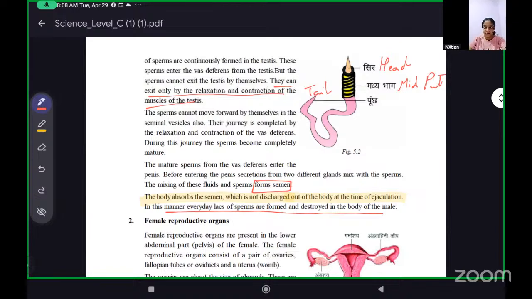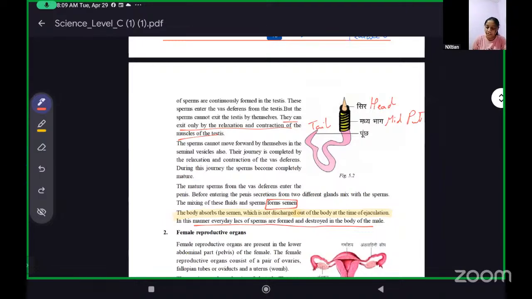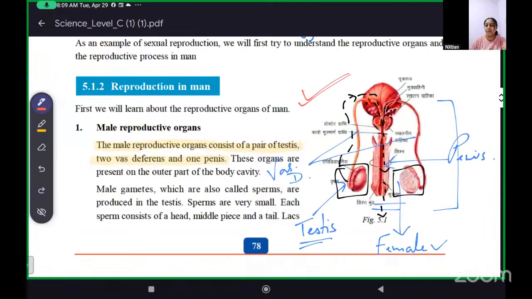If they are not ejaculated, meaning pushed out, the body reabsorbs them. But if they are pushed out and this part is joined with the female reproductive organs, then they go directly into the female body, and fertilization takes place.